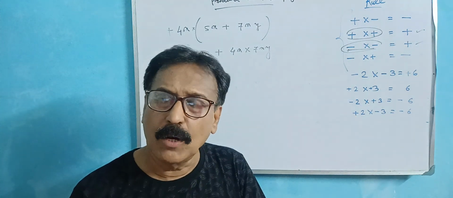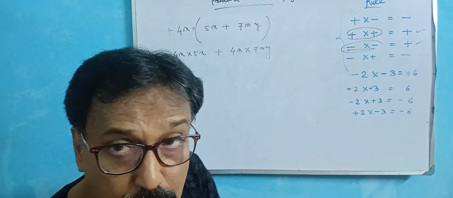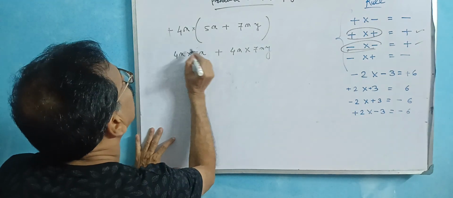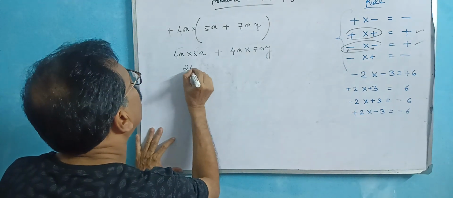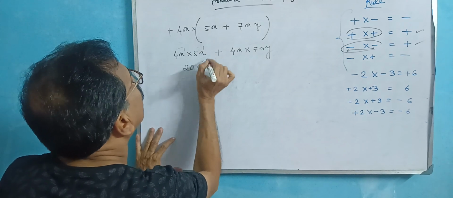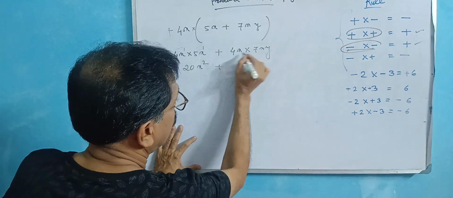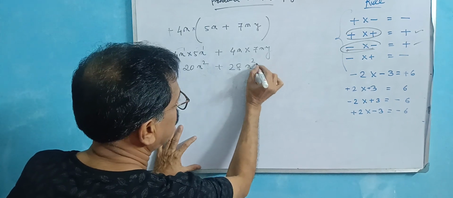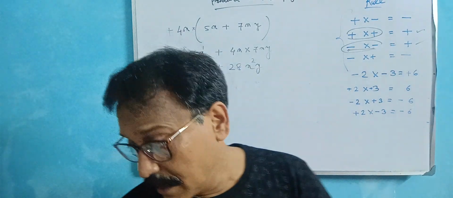Any typical sum will be solved if you understand the basics of multiplication properly. Now, 4 into 5 is 20, no problem. x into x is x square, because this is 1, this is 1, 1 plus 1. Now 4 into 7 is 28, x square y, clear?